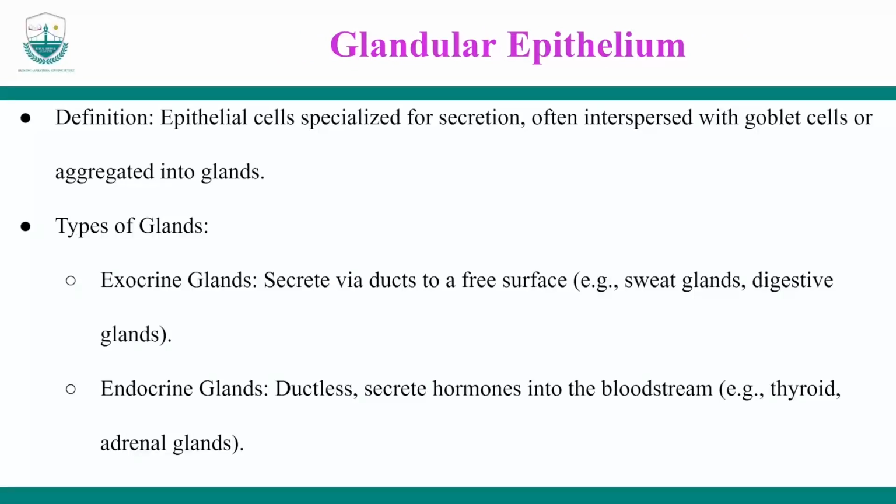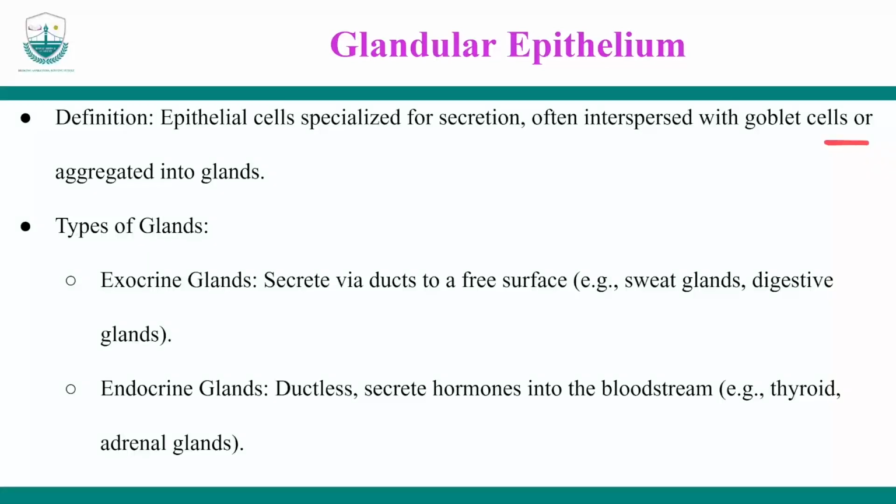And then the last major broad category of epithelial tissue is glandular epithelium. Here, we are talking about epithelial cells that have the function of secretion. These secretions come from the goblet cells, which sit between the epithelial cells.